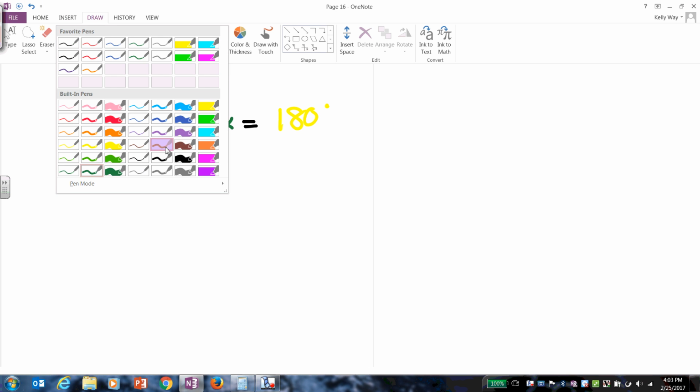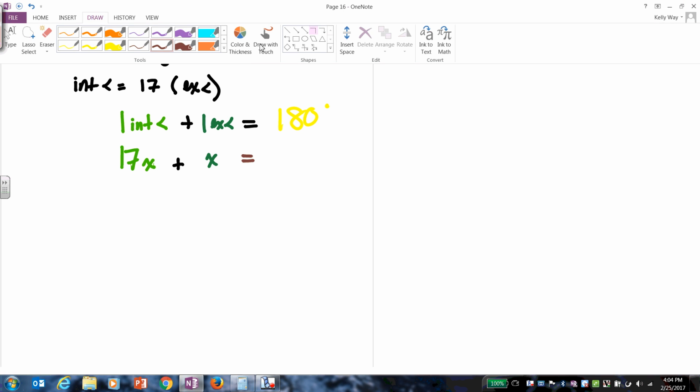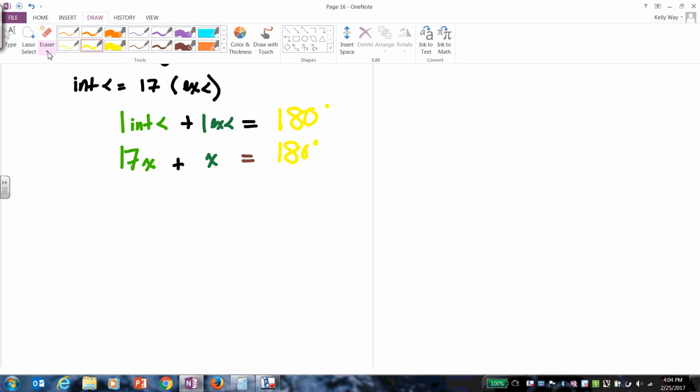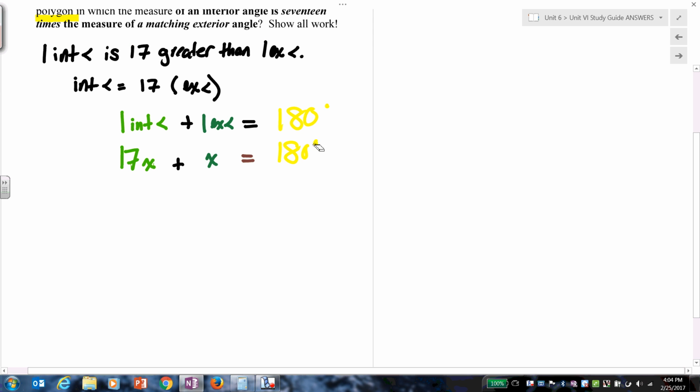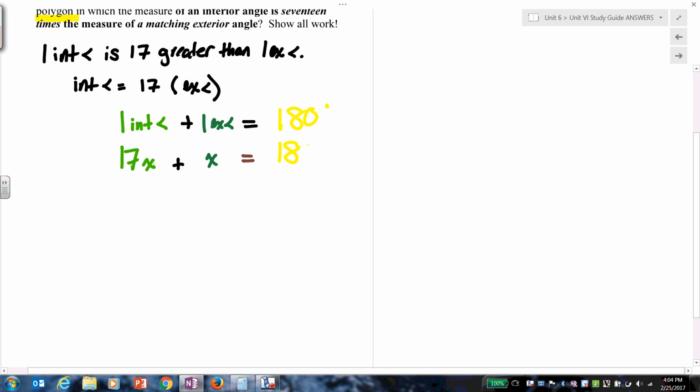That's very important. When you solve for x here, you have not solved the problem. Ask yourself, what is x that you're finding? X is not a number of sides. That's very important to understand. Ask yourself, what is x?